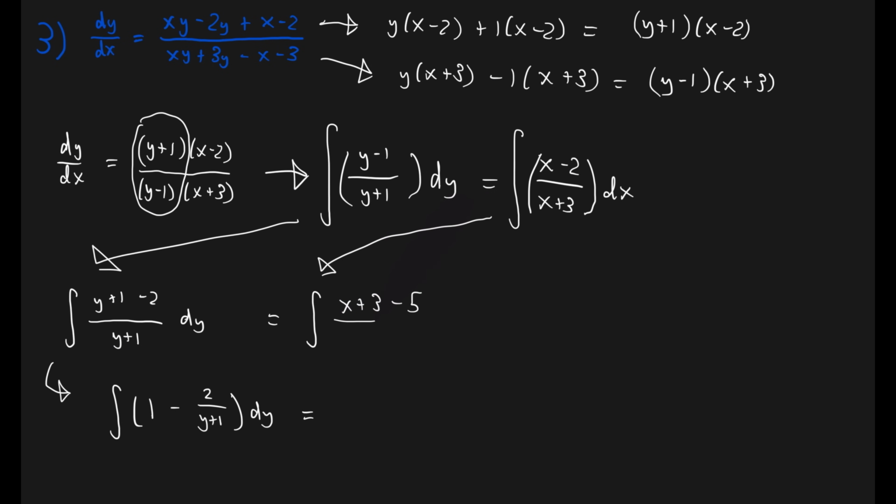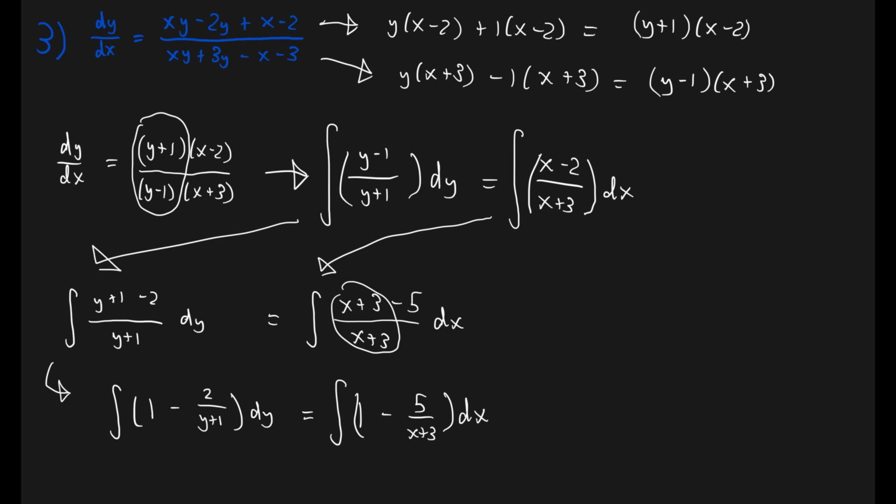So that would be the same as writing (x minus 2)/(x plus 3) dx. And in the same way we did on the left, we can see that these simplify to 1. So it's just the integral of 1 minus 5/(x plus 3) dx. Awesome.